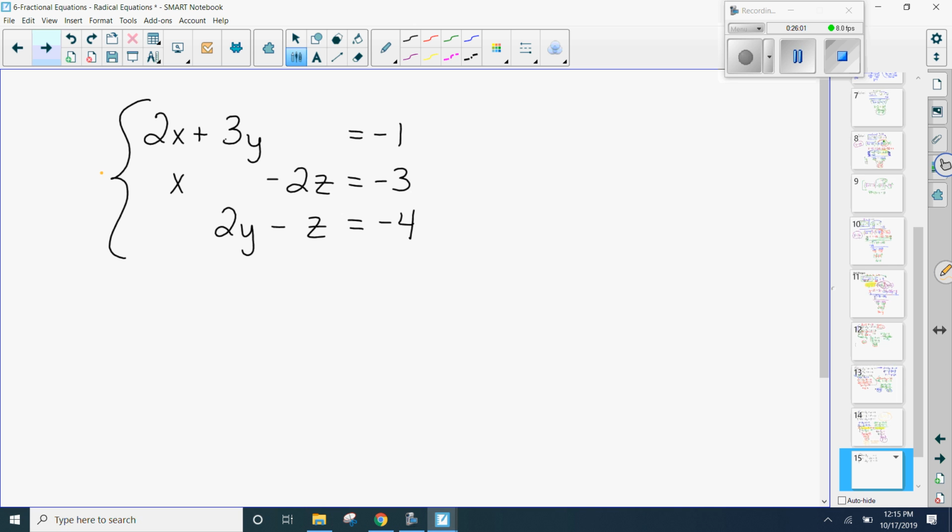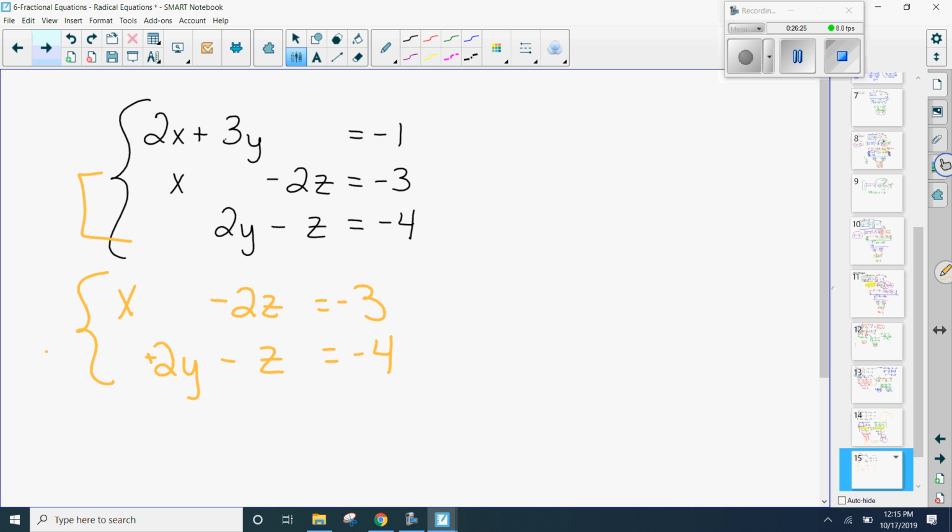The bottom two. If I pick the bottom two, and I want to eliminate, what would you multiply? So you have X minus 2Z equals negative 3, and you have 2Y minus Z equals negative 4. So what you want to eliminate is what value?